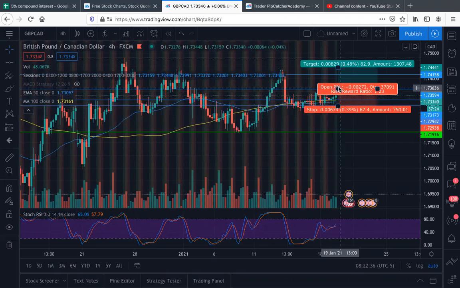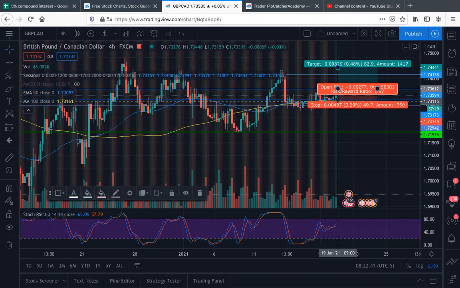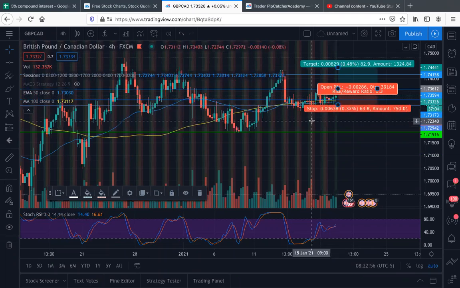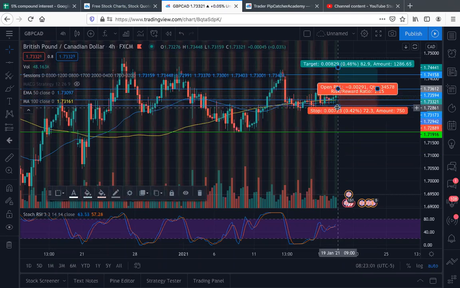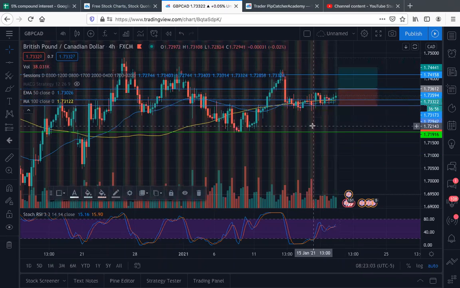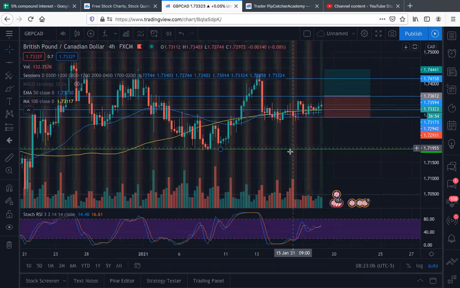You could wait for price to actually break that 123 level and maybe shorten up your risk, and that could give you a 1.67 risk to reward. So it's 1.2. We want to just be a little outside of that. There we go. So that's GBP CAD.